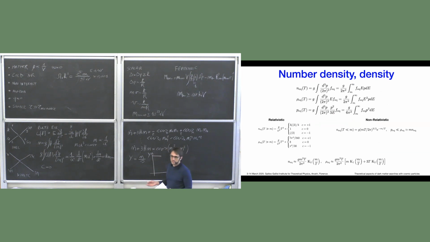It's convenient to follow the evolution as a function of y, because in this way at the beginning it is constant. Okay? Then dark matter will become non-relativistic, and you expect to have the Boltzmann suppression, and so the equilibrium density is expected to fall.